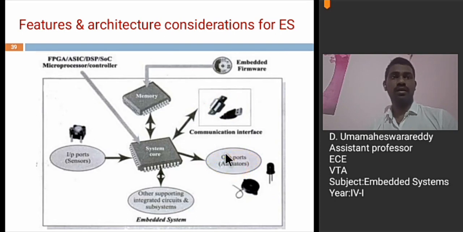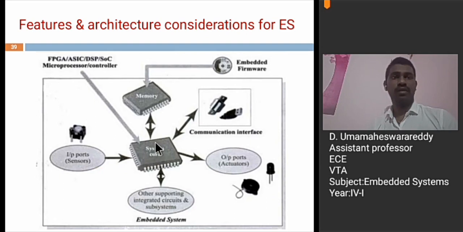Here the sensors are interfaced to input ports in order to get the data or interact with the real world. That information is passed to the system core, and what will the system core do?